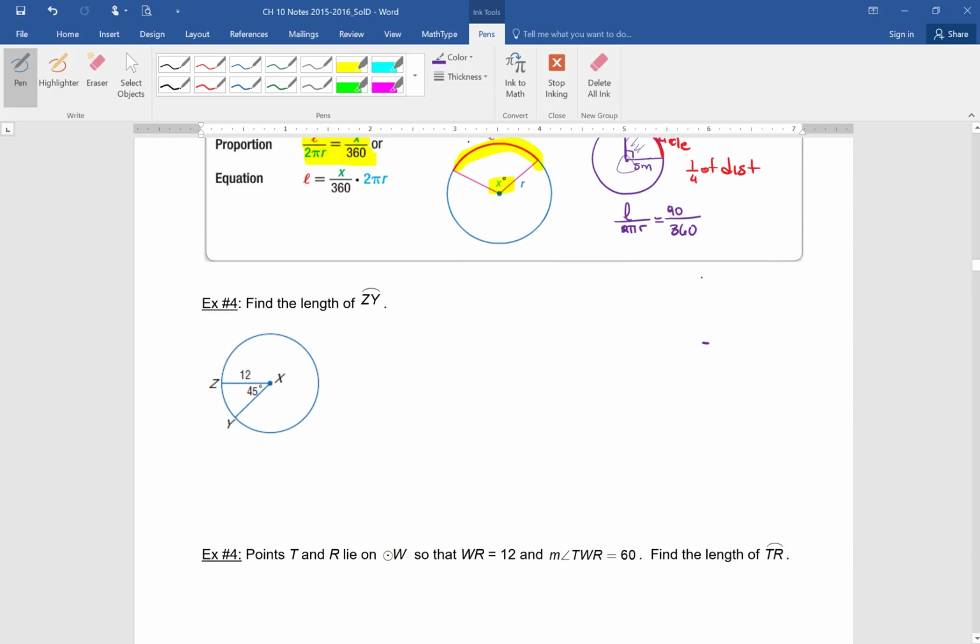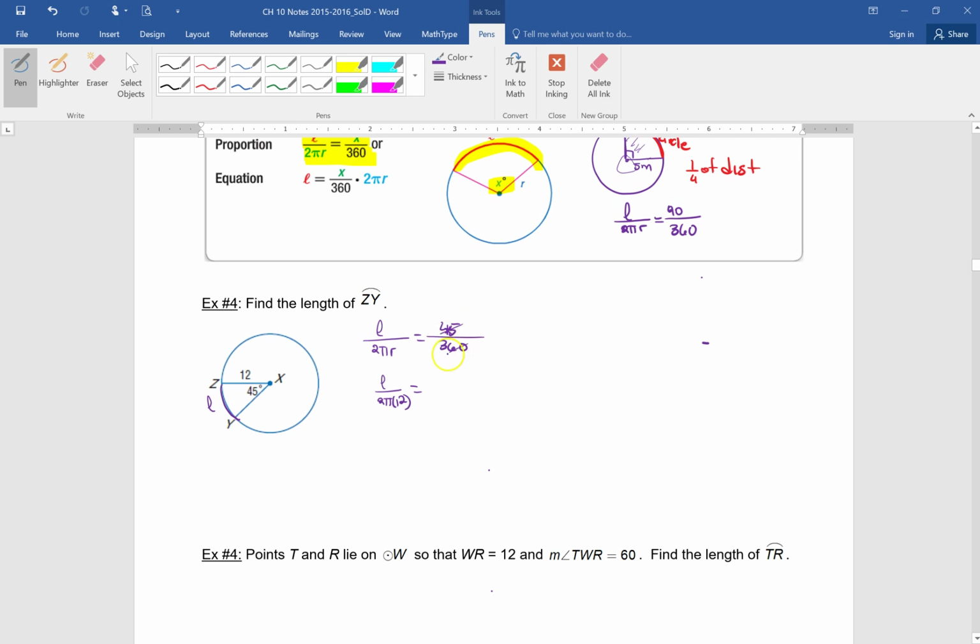So we want to find the length of ZY. This is what we want to find. I call that L. So the length of that portion over the entire circumference is equal to the central angle 45 over the full angle 360. So how much is the radius here? It's L over 2 pi times 12 is equal to, can we simplify 45 and 360?